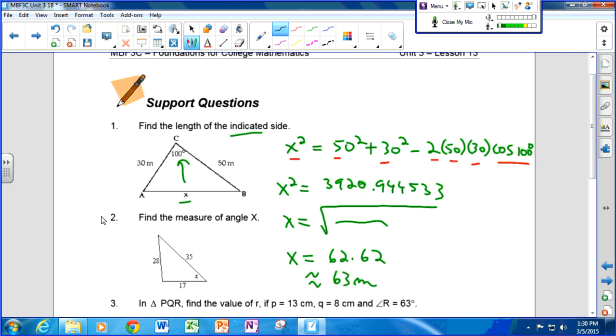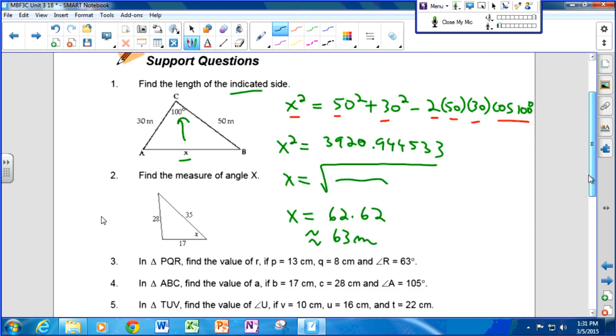Now if you wanted to double check, you go to the back of unit 3, lesson 13, support question 1. Well, 62.6, and we just rounded it to 63. All right, so that's the first one.